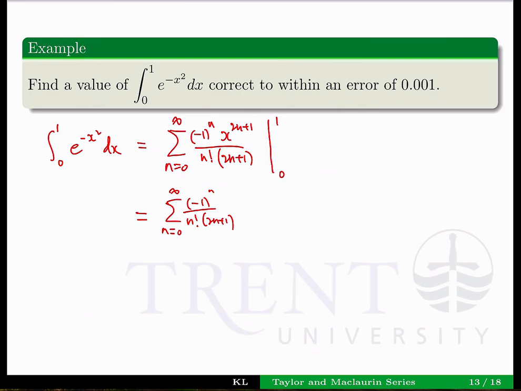Okay? So if we want the error r sub n within 0.001.